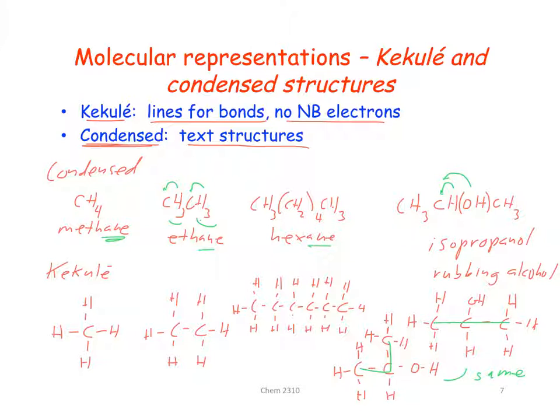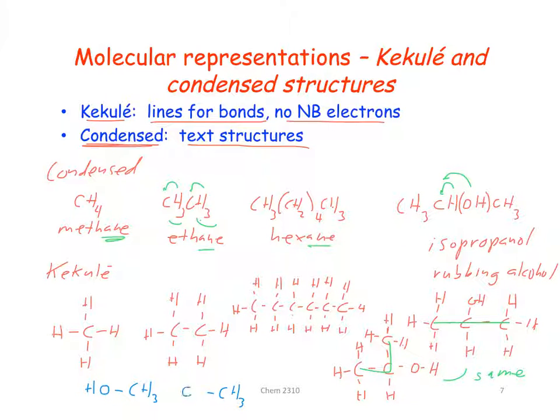A couple of other things I'll show you here: on this OH, a couple of things to avoid. If we draw the OH on this side over here, what we want to do is draw the bond to the oxygen, and we'll put the H on the other side. So this is better.